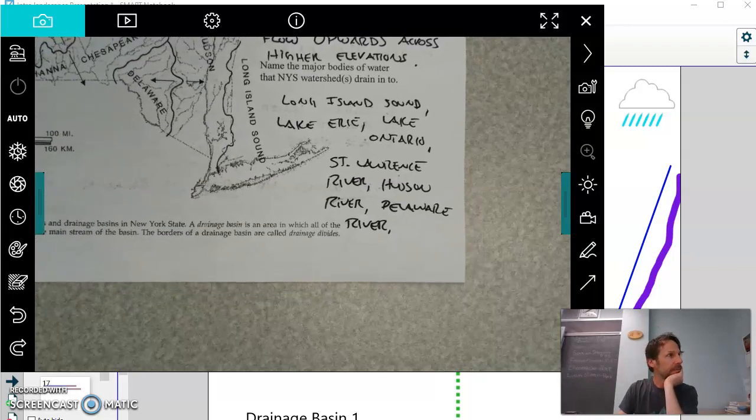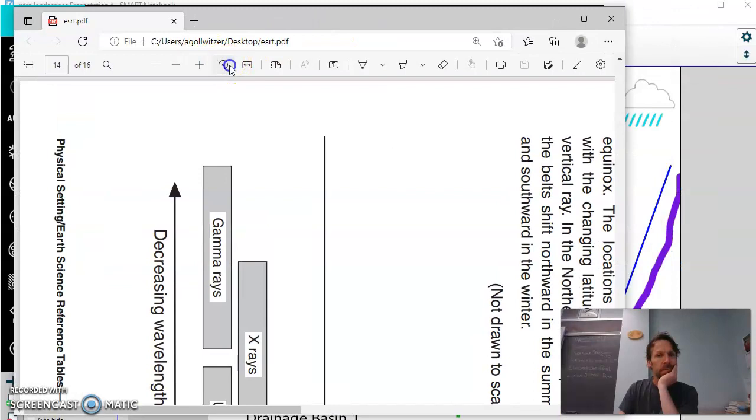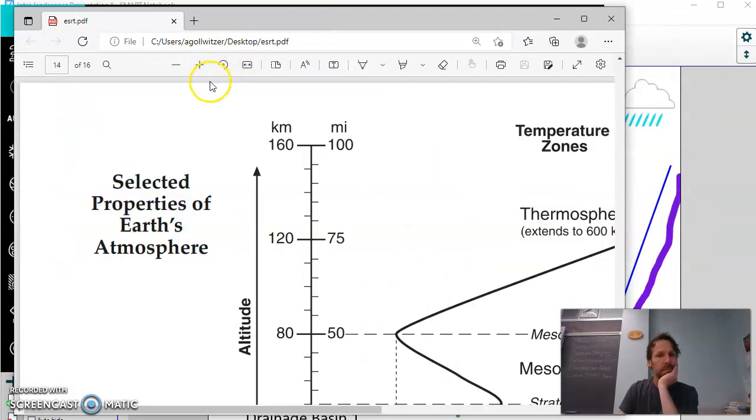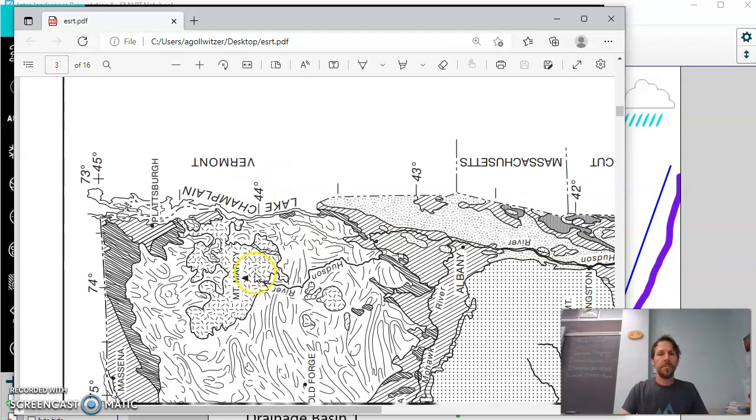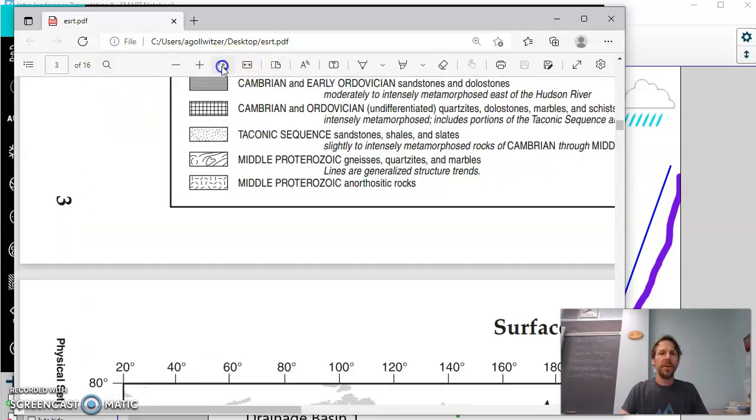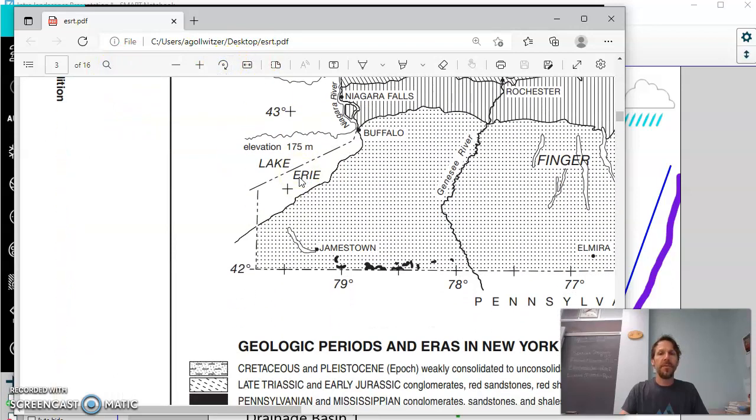Please remember how handy a page this one is. This page here, this is page 3 of the reference table. This has a ton of information on it.